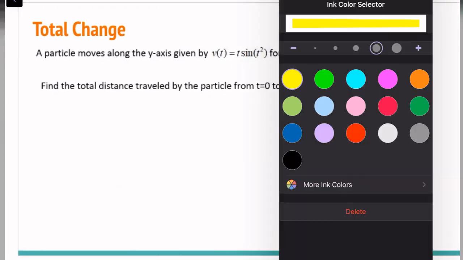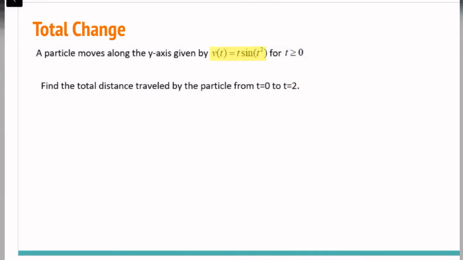So we're given a velocity function here, and we want to find the total distance traveled. So we're going to do the integral from 0 to 2 of v of t dt, but total distance, we got to throw that absolute value sign in.